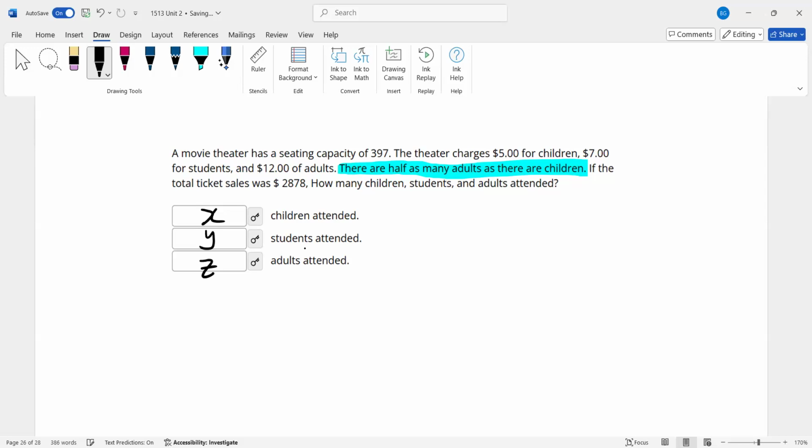I think the question implies that. Otherwise, how do we use 397? I think it means the children, students, and adults just fill up the theater. So x plus y plus z equals 397. Equation 1.